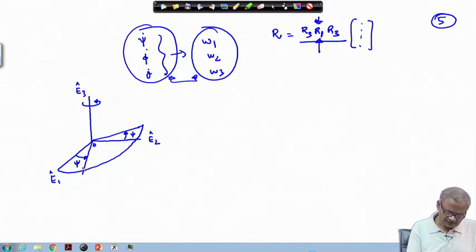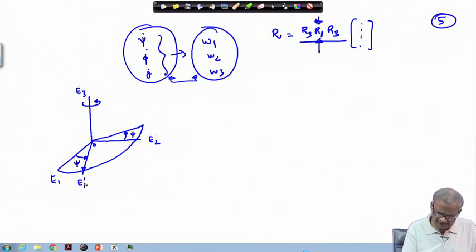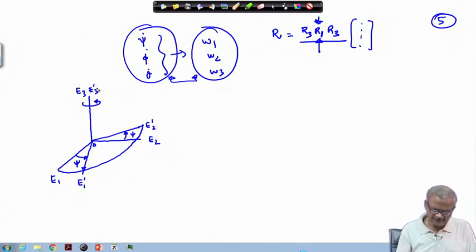Now, here we can represent this, so this cap I will remove for the time being for convenience, so that the representation remains easy. Here I will write this as E 1 prime, this point as E 2 prime, and this remains here itself, E 3 prime.